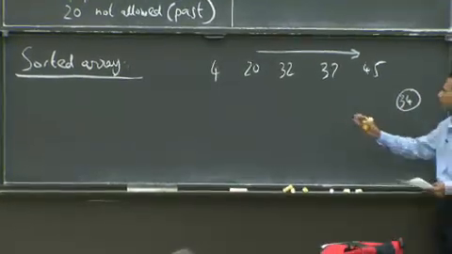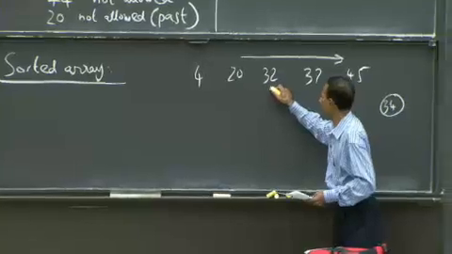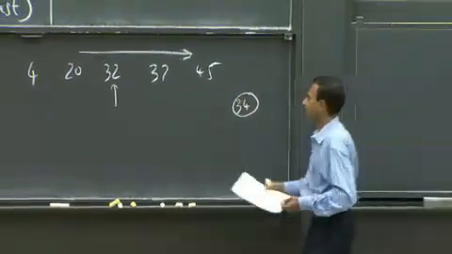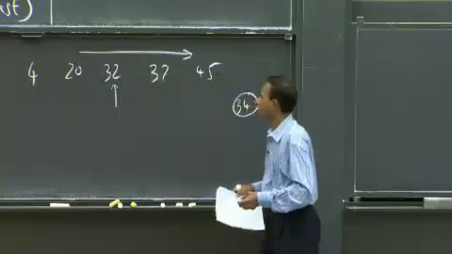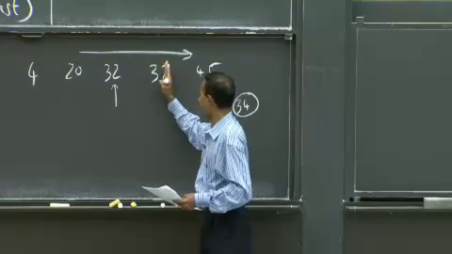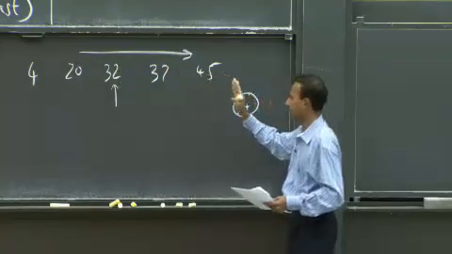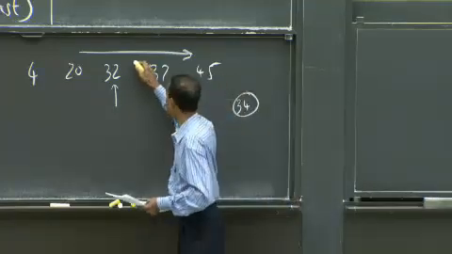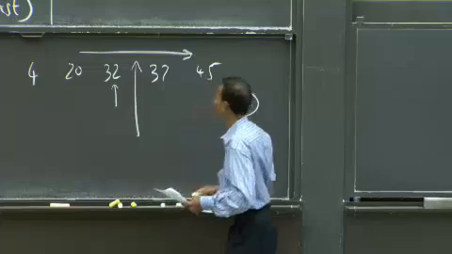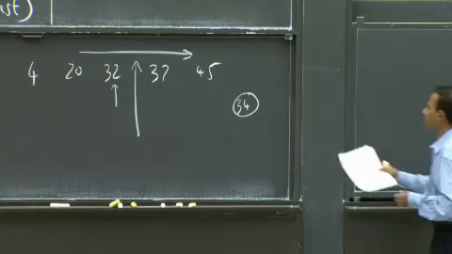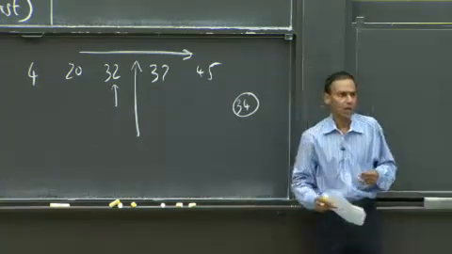Then what you do is you go to the midpoint of the array, and maybe you just look at that, and you say, oh, 34 is greater than 32, so I'm going to go check and figure out if I need to move to the left or the right, and since it's greater, I'm going to move to the right, and within logarithmic time, you'll find what we call the insertion point of this sorted array where this 34 is supposed to sit, okay?